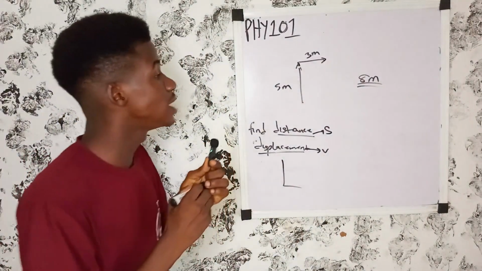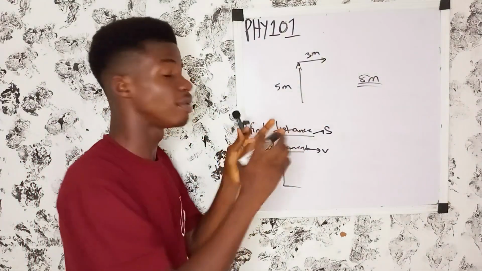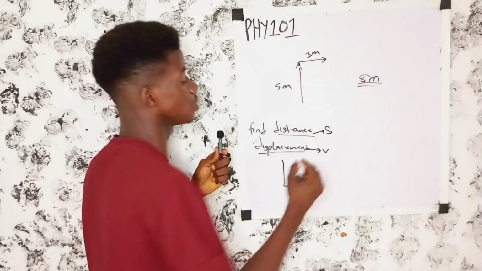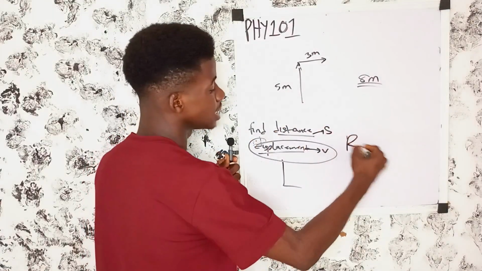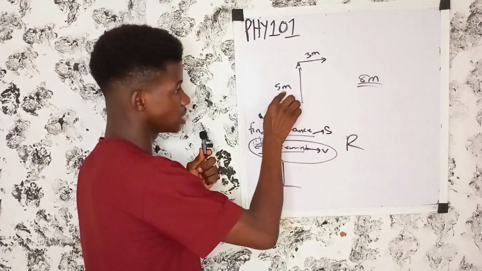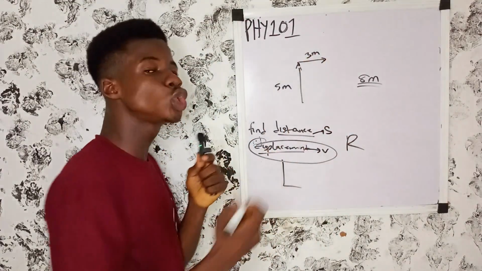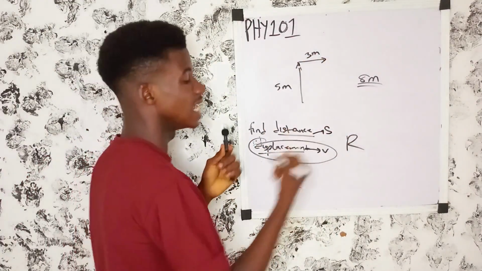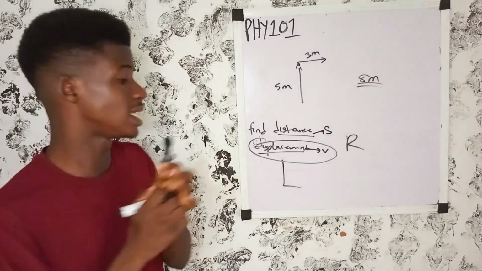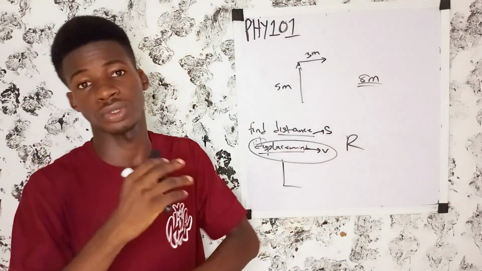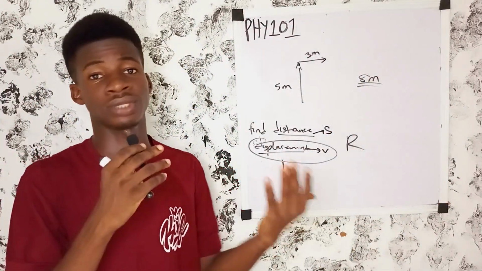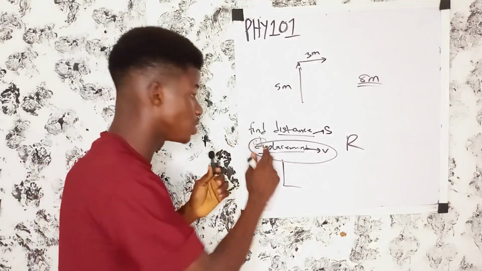And how can we calculate this type of vector? We use the Pythagoras theorem. We are looking for the total displacement. Remember, in our previous class I told you that the resultant is the total or net vector when you add two or more vectors together. So we are looking for the resultant here.